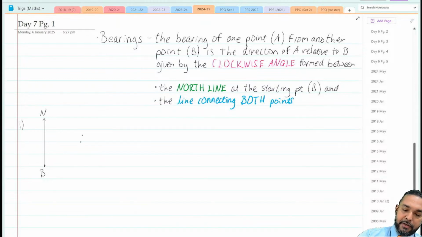And let's say there's a point A somewhere off in the distance, and there'll be a line connecting A and B. And as it says here, the bearing of point A from point B is the clockwise angle starting from the north line and going until it hits the line connecting both points, in this case the pink line. So that is theta. Let's call it theta for now. So in this case, theta is the bearing of A from B.